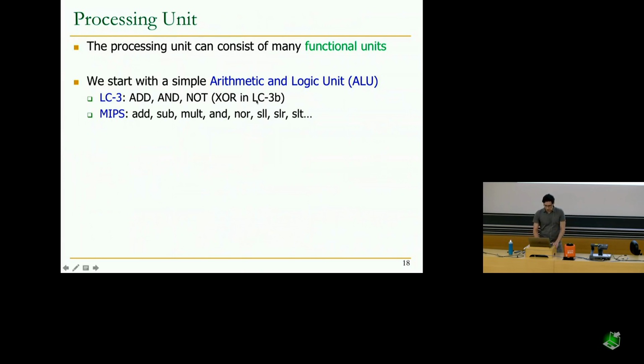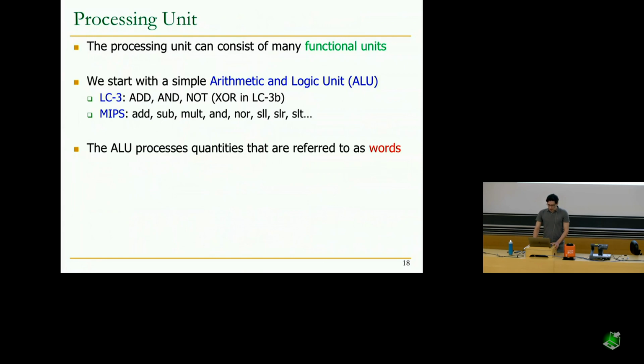There are also some interesting instructions like the shifting instructions, shift left and shift right, if we want to shift the bits of a specific word. And we also have other instructions like SLT, set less than. As we will see tomorrow, this will be very useful when we want to program loops.